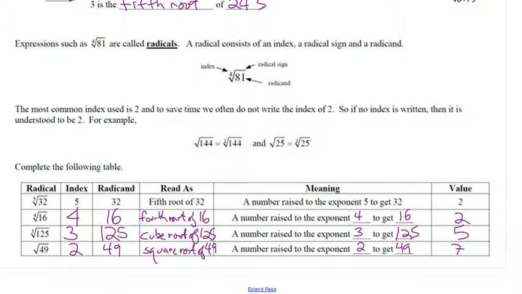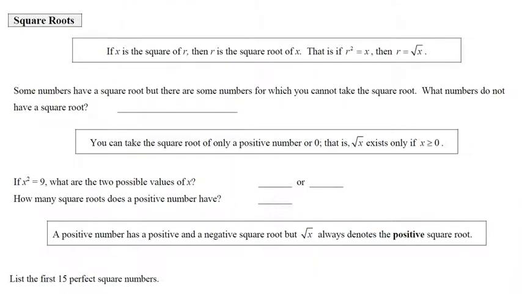Okay, so any questions on this first bit? Square roots. If x is the square of r, then r is the square root of x. That is, if r squared equals x, then r is equal to the square root of x. Some numbers have a square root, but there are some numbers for which you cannot take the square root.